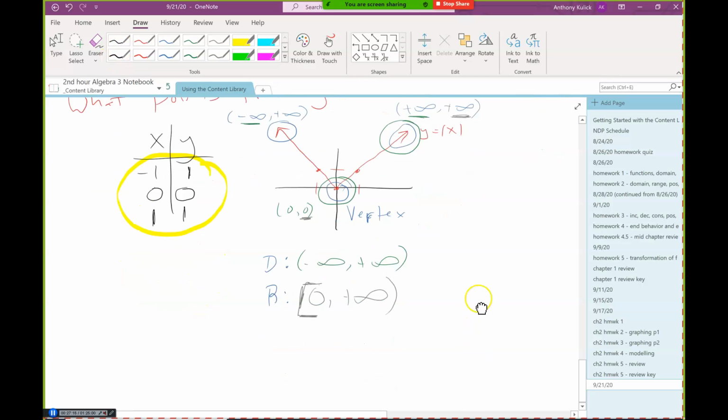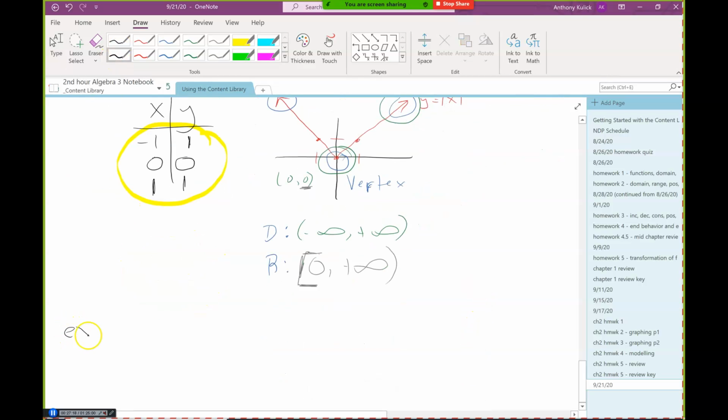Okay, let's do an example now. So let's say we want to graph the absolute value function y equals -2 times the absolute value of x plus 1, plus 3.